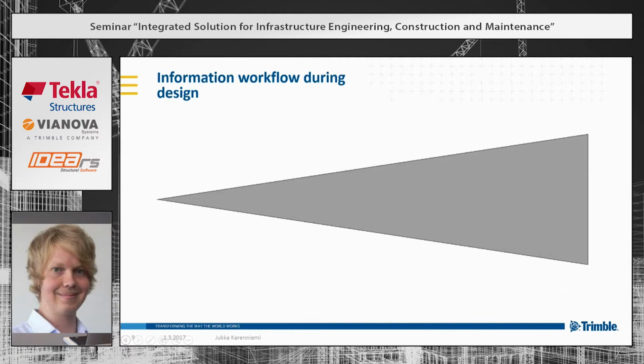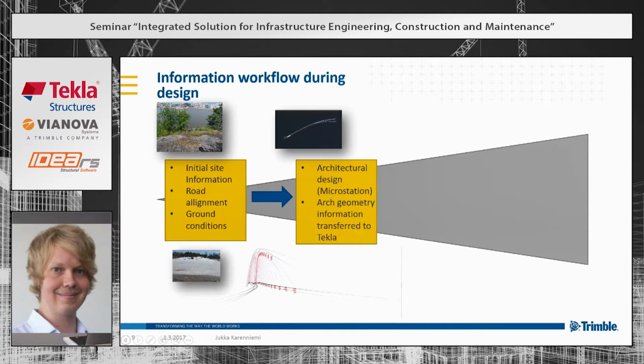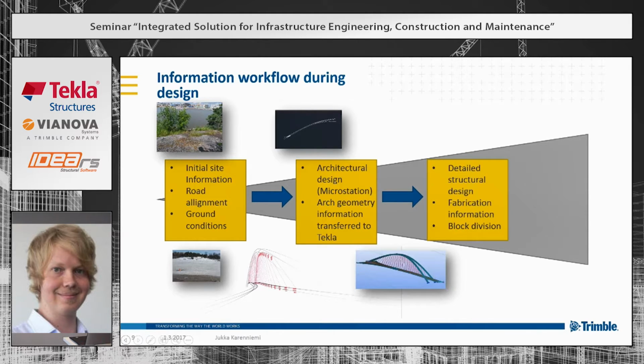So how did the information workflow work during the design? Of course, the initial road site information, road alignment and ground conditions were established, and the final geometry of the arc was done by the architect using MicroStation, and the arc geometry was transferred to Tekla Structures.